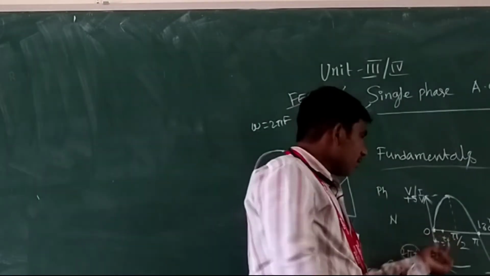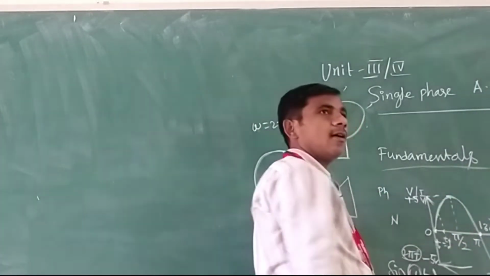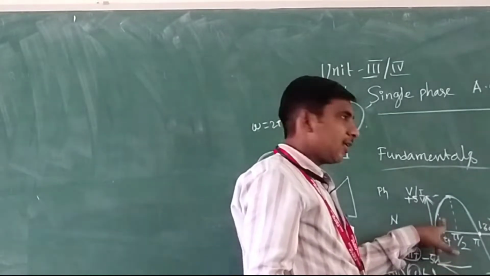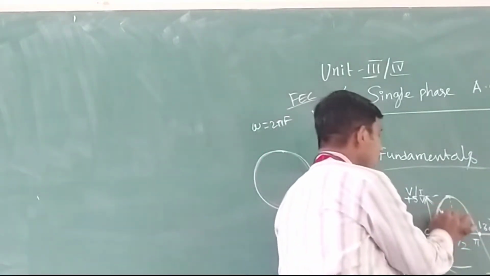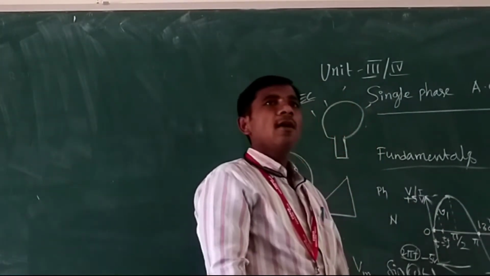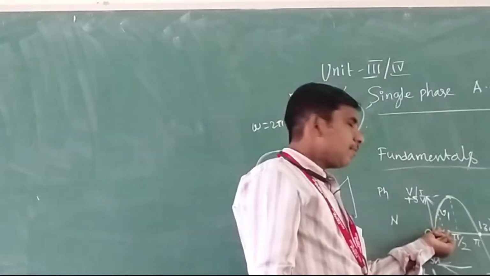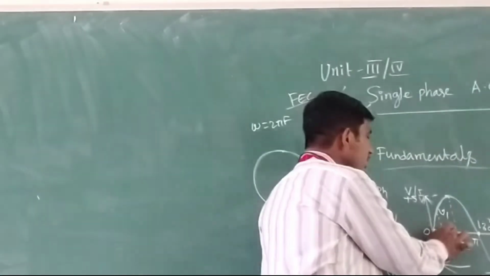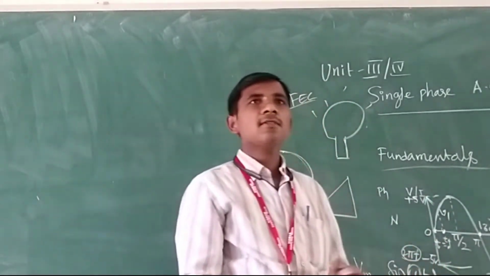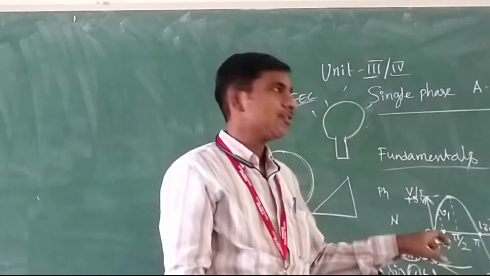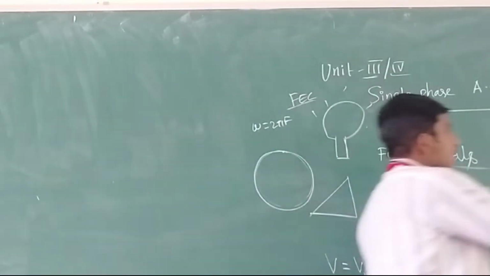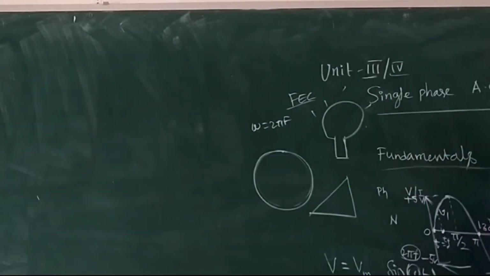Now at this instant, t1, what is the voltage signal? That is indicated by a small letter, V1. This value is called the instantaneous value. With respect to time, if you take any instant of time, that voltage is called the instantaneous voltage.